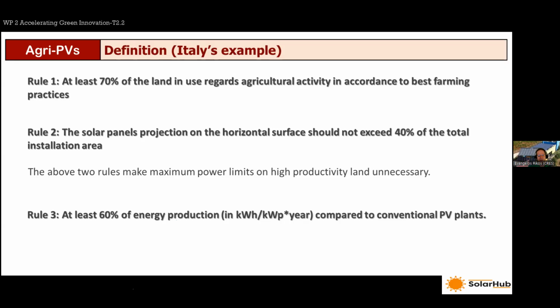These lands are considered as lands of high productivity. There is at least a 60% of minimum energy production that is necessary to be achieved by the agrivoltaic system, as opposed to a conventional one. Okay.